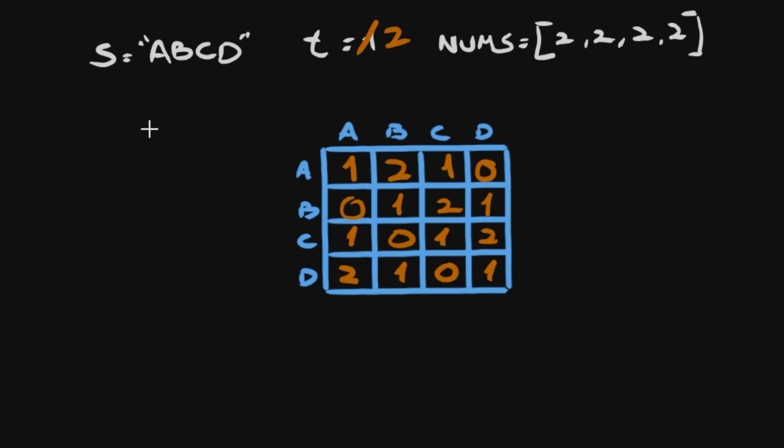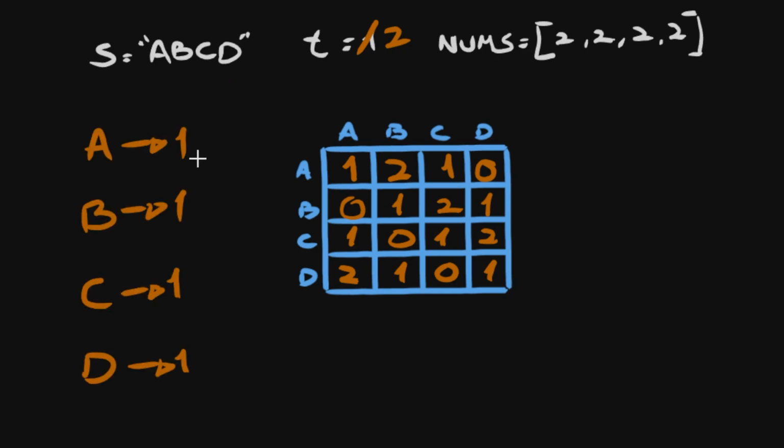We can build a frequency array with these characters, which will be this one, and we can use these frequencies here. So these are the frequencies, and now we want to multiply the value in each row for each frequency and sum everything.